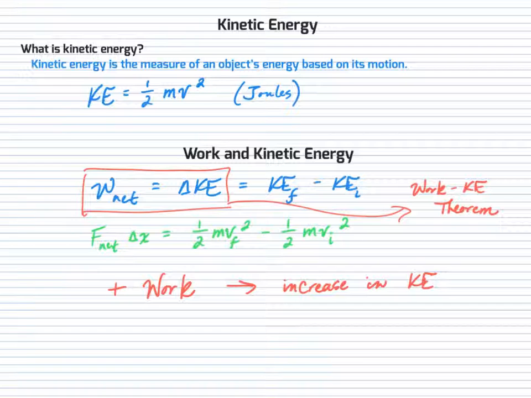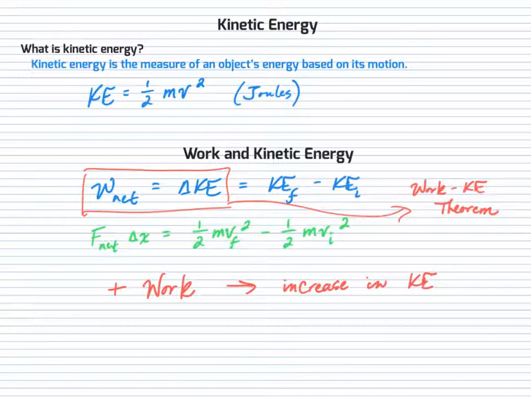Now, conversely, let's say that you're approaching a stop sign and you hit your brake. If you hit your brake, you have a negative force which is applied over some displacement, so that's negative work.